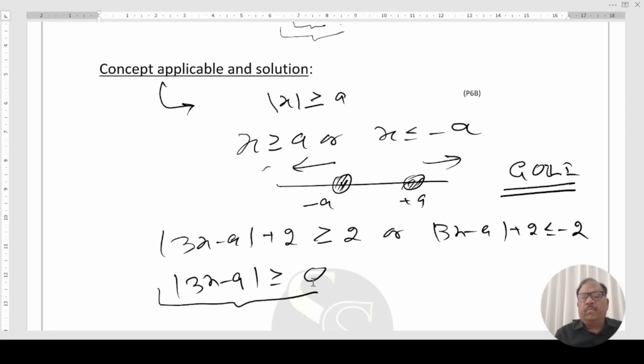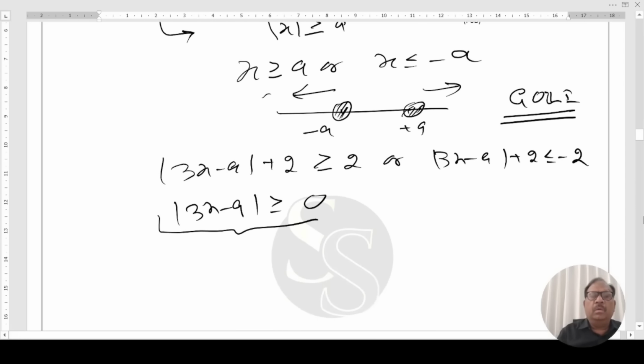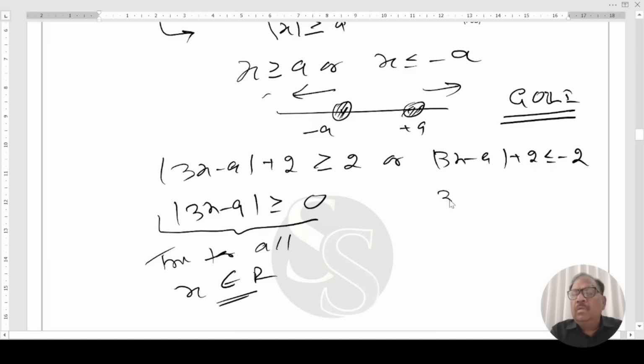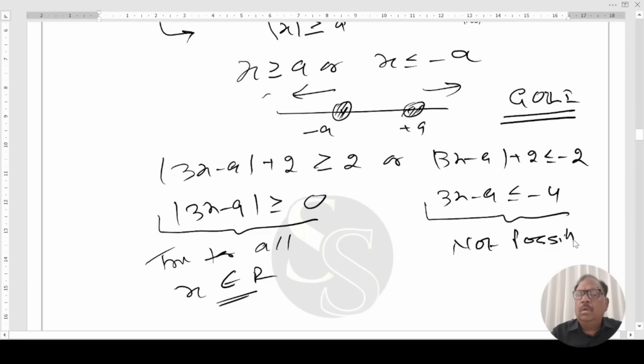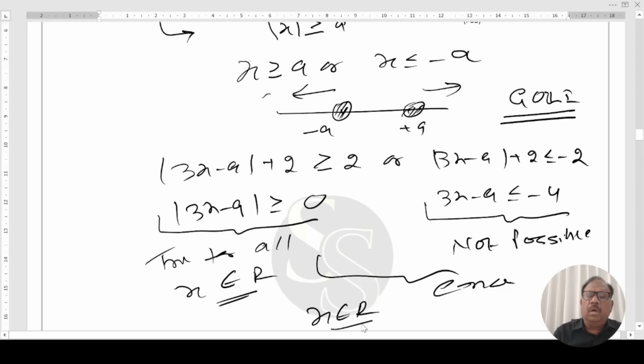This is true for all x belonging to R. Now the other case, mod of 3x minus 9 is less than or equal to minus 4. Not possible. Conclusion, x belongs to R. That is the answer. Right? Next question.